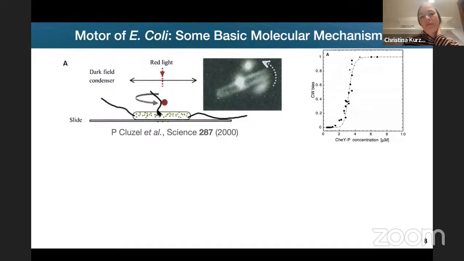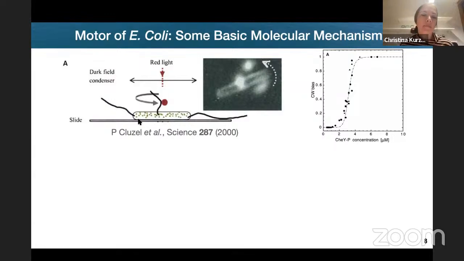So now they can do two things simultaneously. First of all, they can label certain molecular species and measure the concentration of those inside the cell. And second, by tracking the bead, they can measure in which direction the motor is spinning.